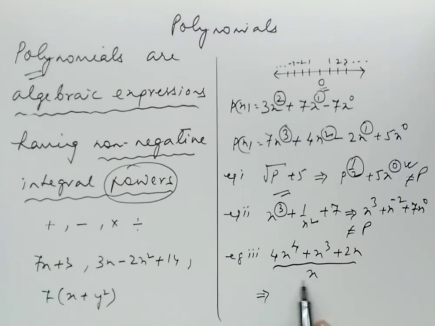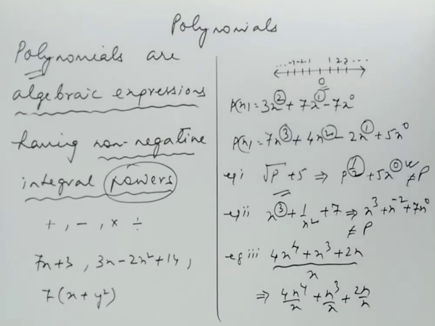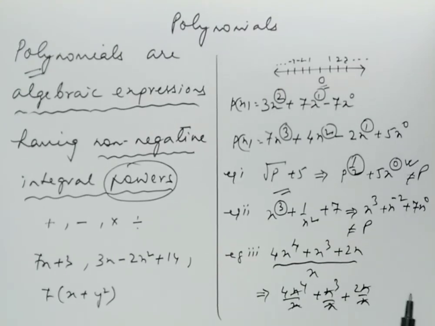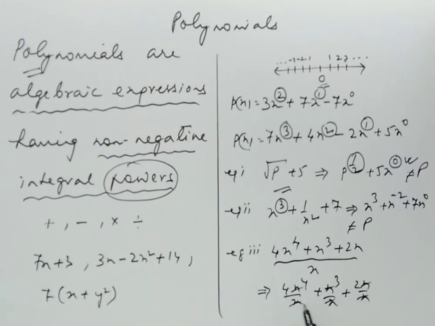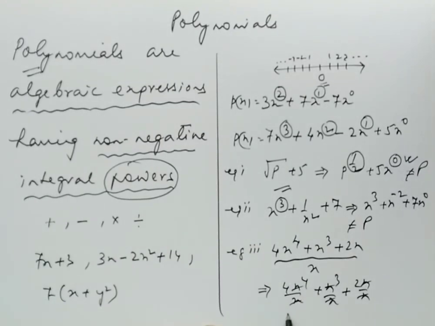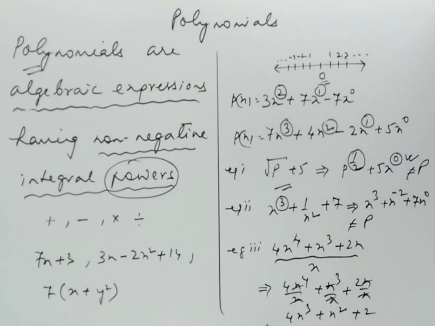Since we have a common denominator, can we not write it this way? 2x upon x, so they get cancelled, and we are left with 4x to the power 3, here x to the power 2, and here just 2.